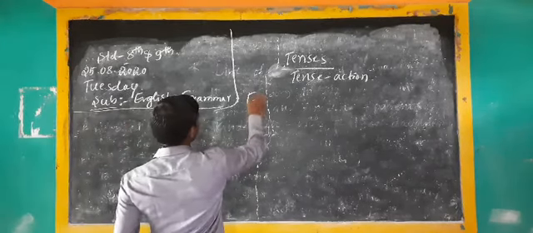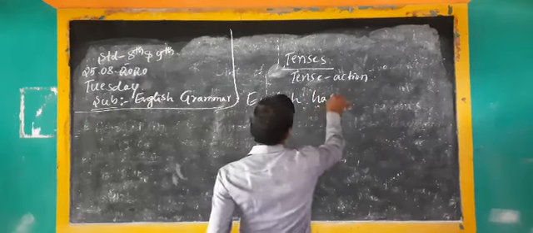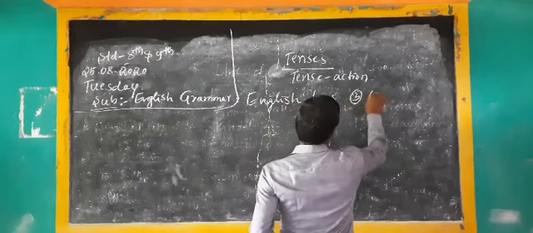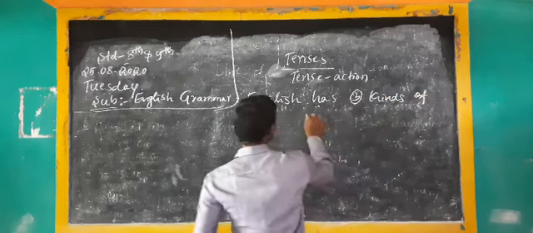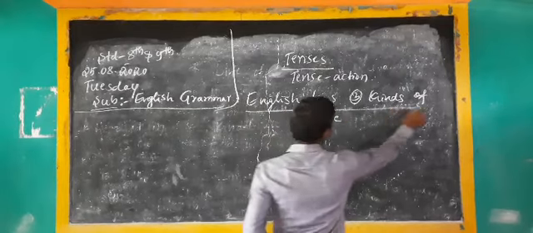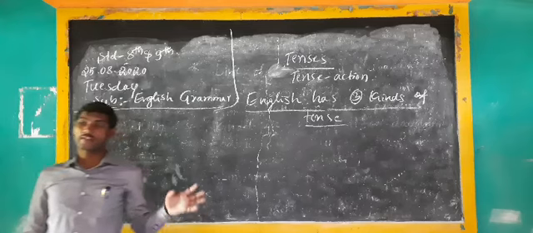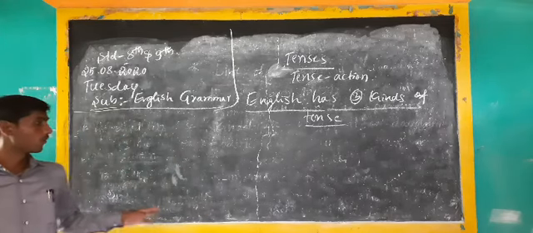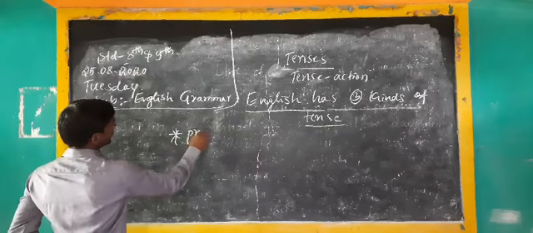Just you have to understand, English has three kinds of tenses. Generally, you know which are the three major kinds of tenses in English grammar. The very first one, present tense.